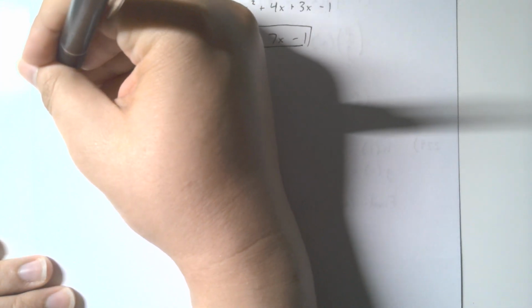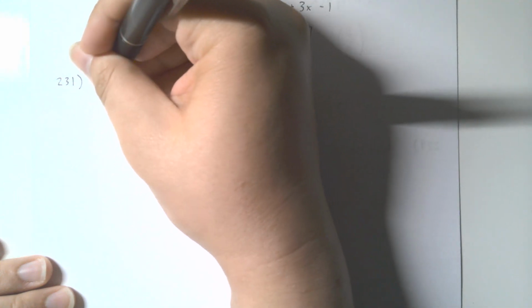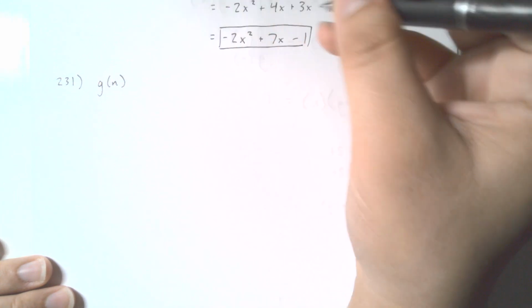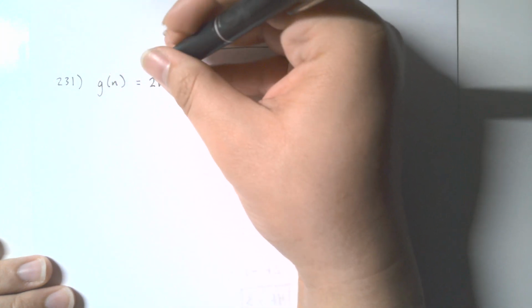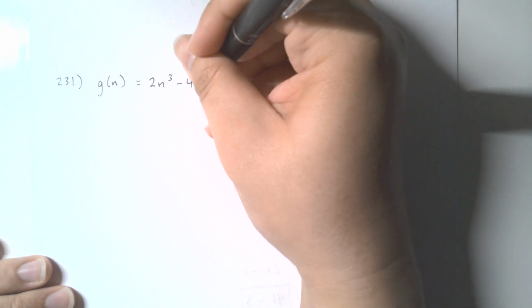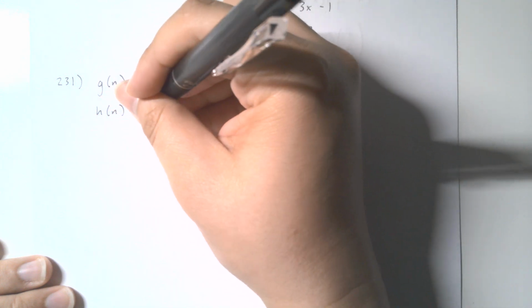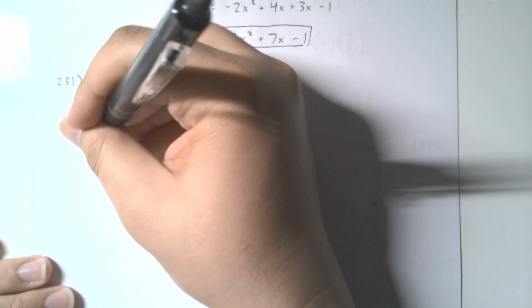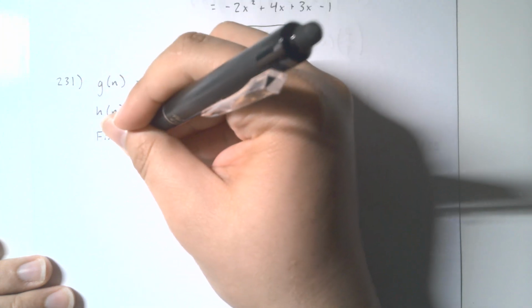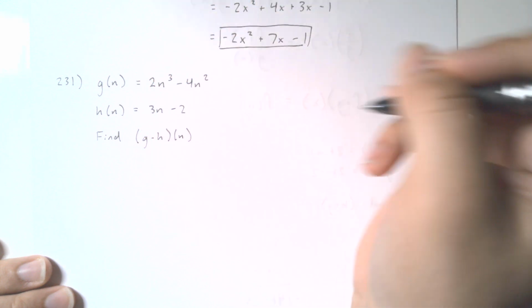For the next one, we're going to do subtraction. So for 231, we have that g of n is equal to 2n cubed minus 4n squared. And we have that h of n is equal to 3n minus 2. And we want to find g minus h of n.